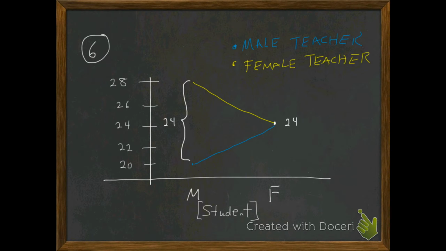However, if I take the mean of the yellow line, I get 26. If I take the mean of the blue line, I get 22. So I have more than a 2-point difference, which means I have statistical significance across the gender of the teacher. You guys are just dying to run out and get a PhD in marginal mean plots now, right? Maybe not.